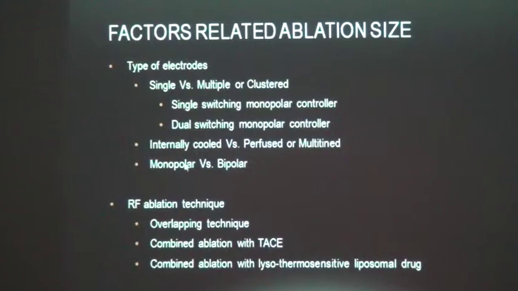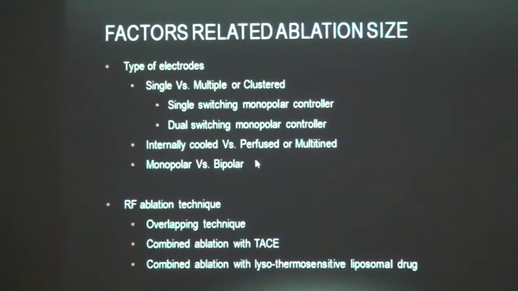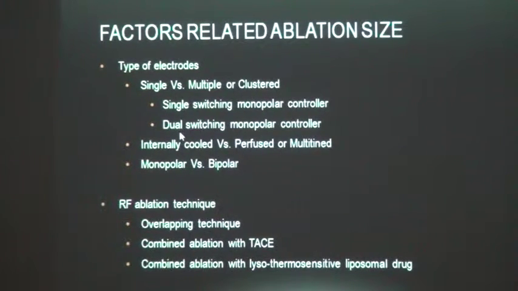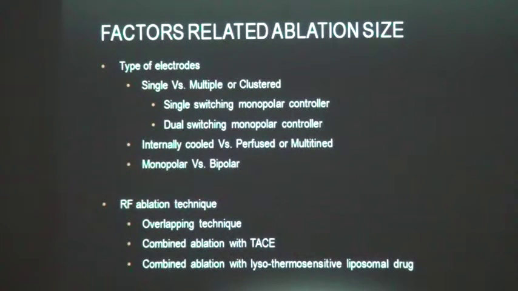The other one is monopolar versus bipolar. These various types of electrodes can make different sizes of RF ablation. Another factor is the RF ablation technique, with overlapping technique, combined ablation with TACE, or combined ablation with thermosensitive liposomal drug. I will briefly review the reported articles about these factors and then summarize.